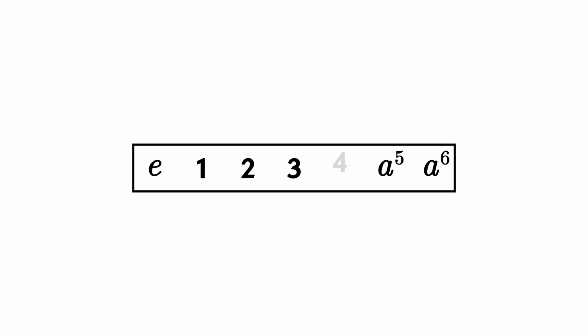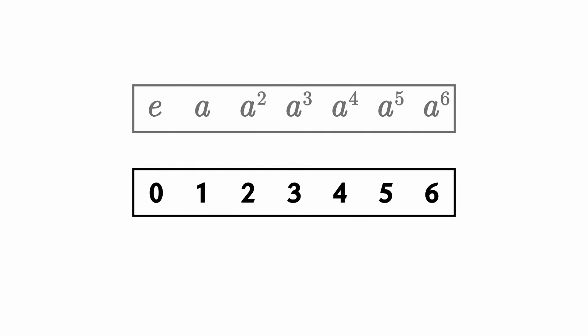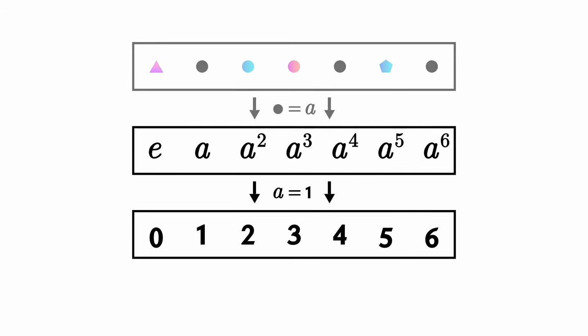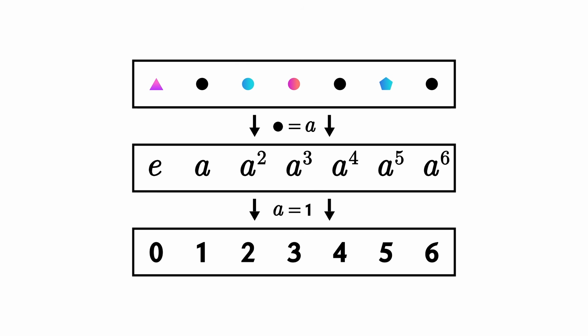A to the 4 becomes 4, and so on. And for E, let me use the digit 0. So only through relabeling we got the cyclic group. But how I write down my group doesn't change anything about the group itself, right? Which means that any group of prime order, no matter how abstract, has to be the cyclic group.